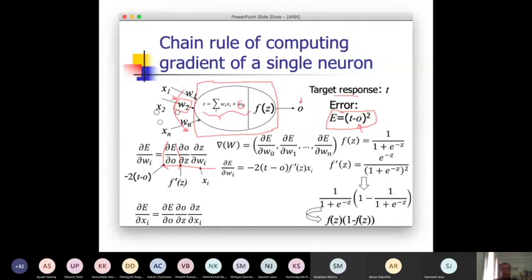Sometimes we also need to compute the gradient with respect to an input, and there it will simply be the other thing, as you can see. In fact, there is a duality here. Let me explain this duality part. If you look at this expression, you can see Xi and Wi can interchange while computing this partial derivative.